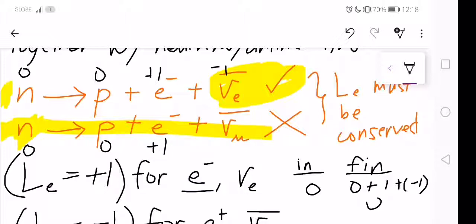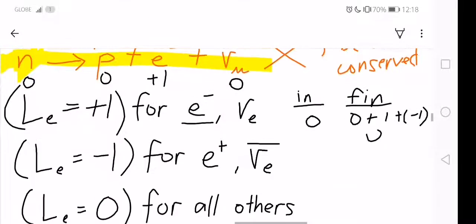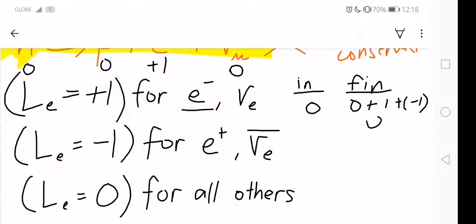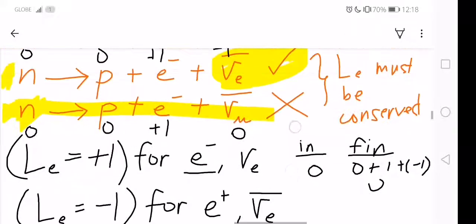But the electron lepton number of a muon antineutrino is 0, because the electron lepton number for all other particles other than an electron, electron neutrino, positron, and electron antineutrino is 0.